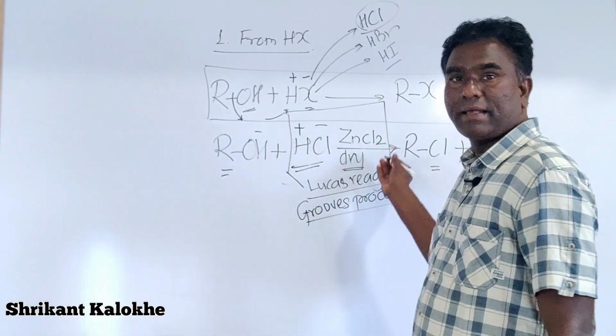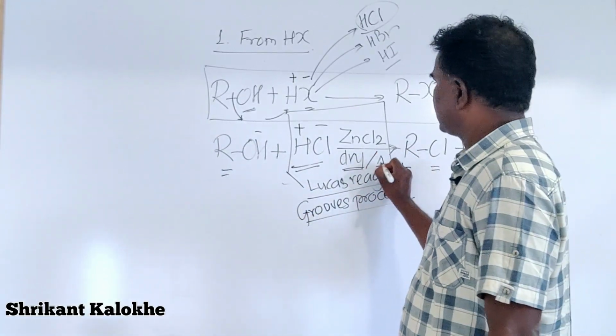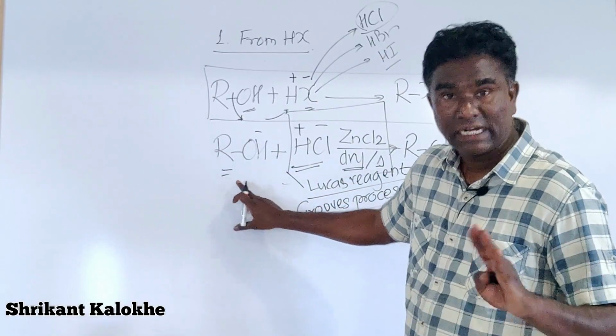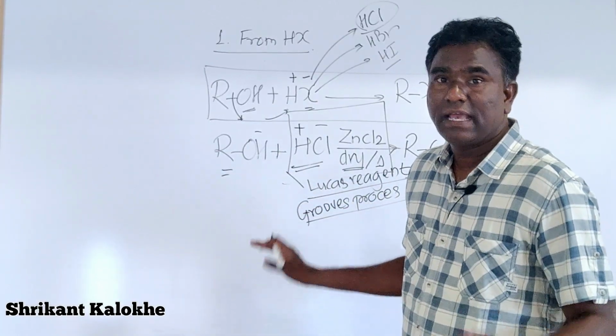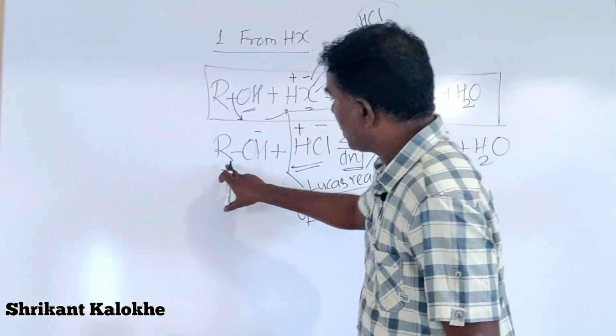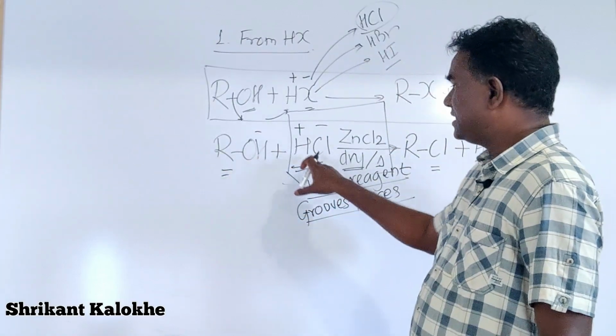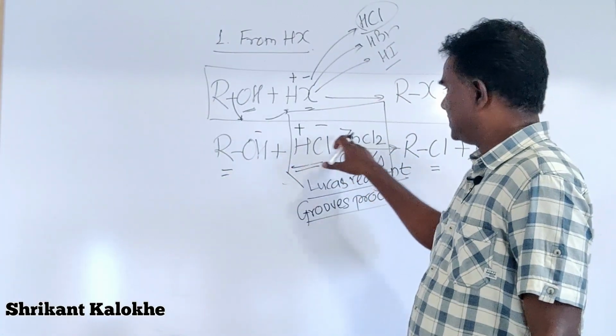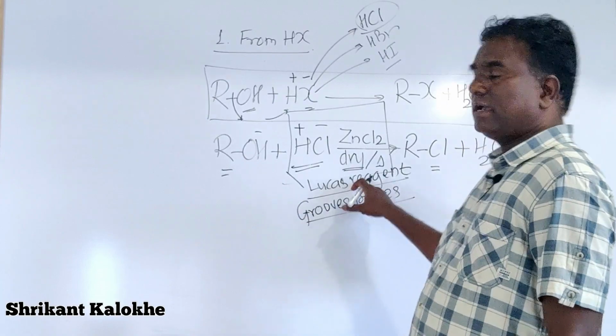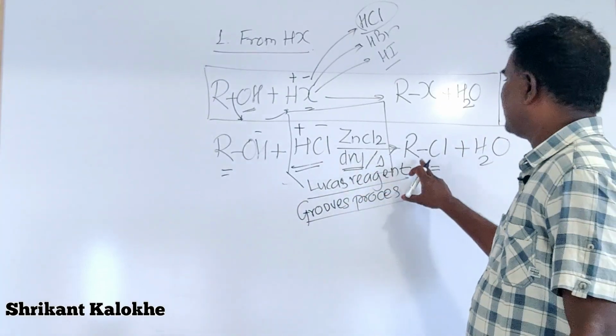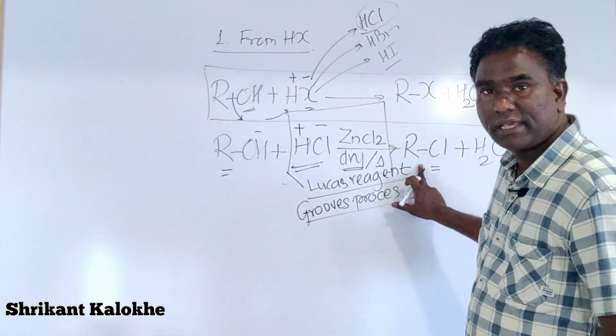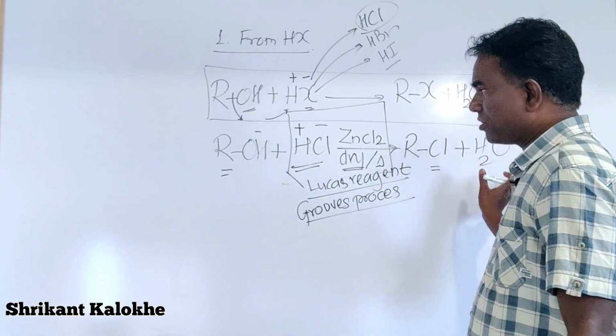We would need some heat also in this case. The general reaction shows that alcohol treated with HCl in presence of dry, anhydrous zinc chloride gives alkyl chloride and the side product H2O.